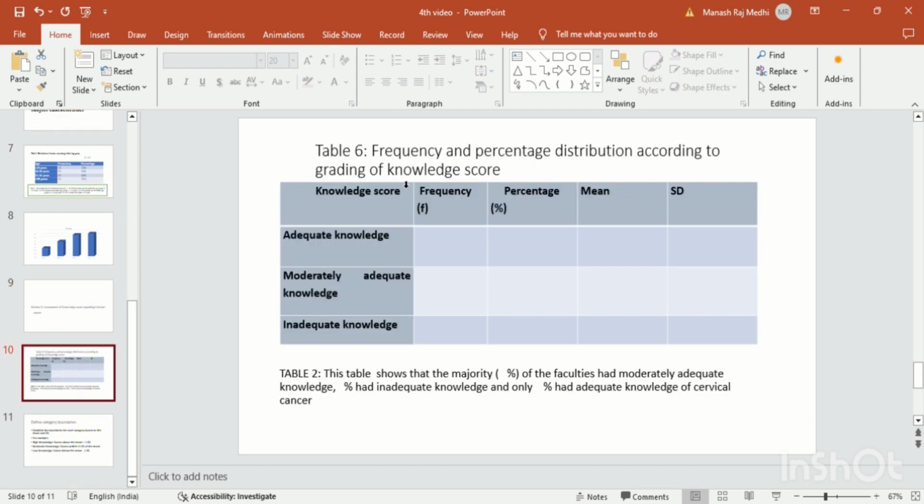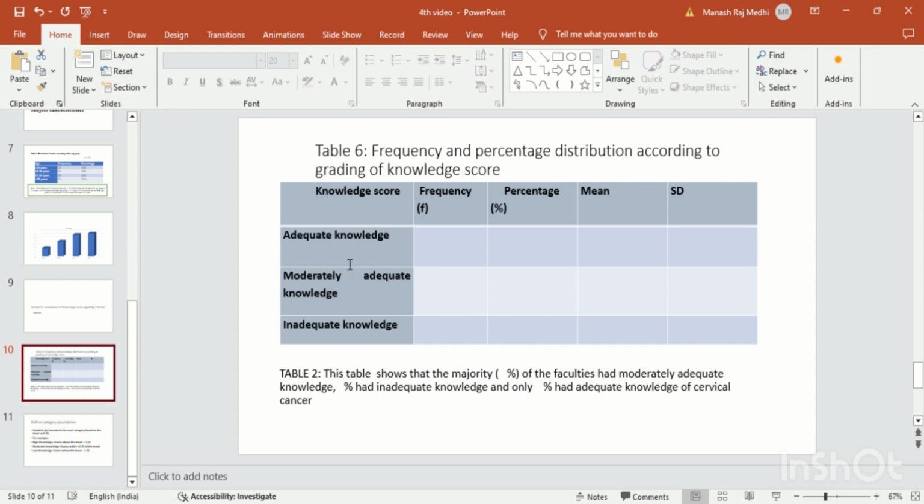Here we are going to categorize our knowledge score into, suppose, three categories: adequate, moderate and inadequate. Or you can make four categories also.